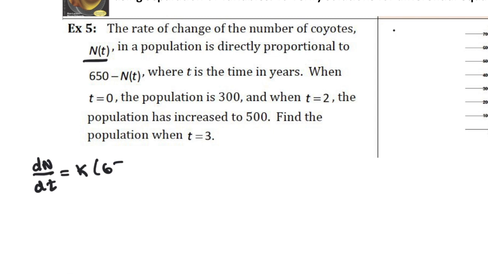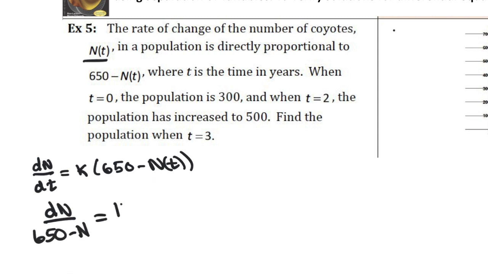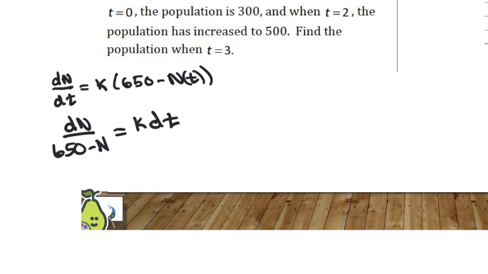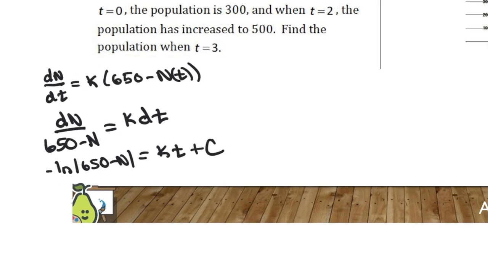Now that 650 minus N of t needs to be separated from the dt. So we'll put dN over 650 minus N equals k dt. All right, now it's time to integrate. We get negative natural log absolute value of 650 minus N must be equal to kt plus c. All right, so let's move the negative to the other side.